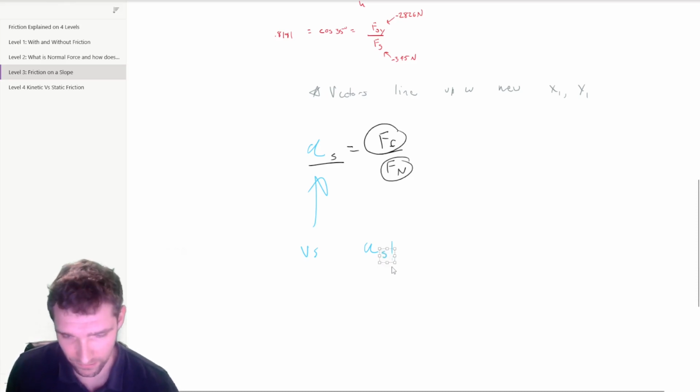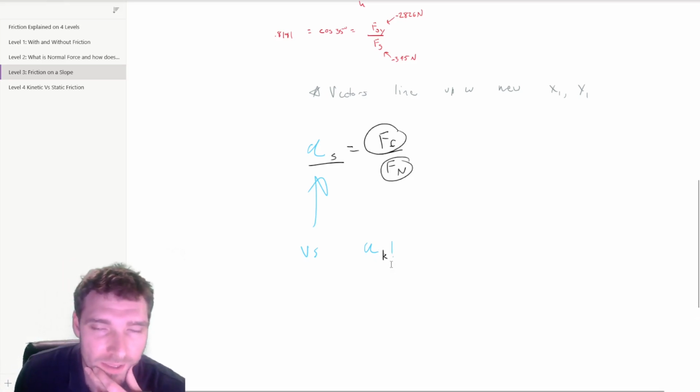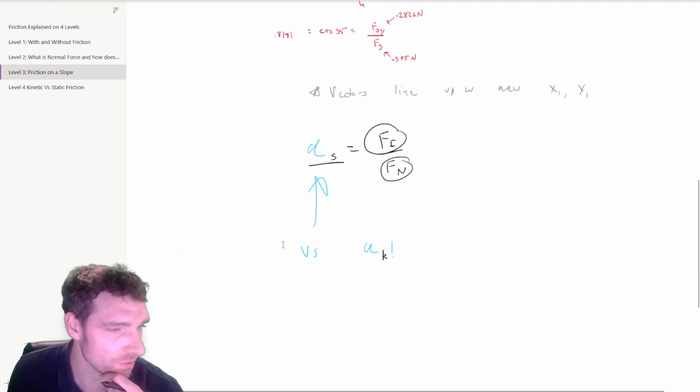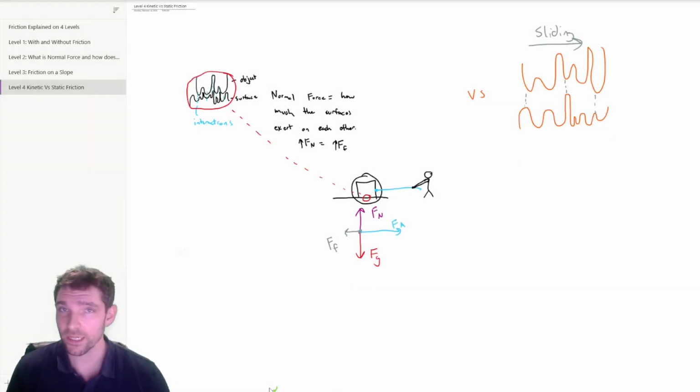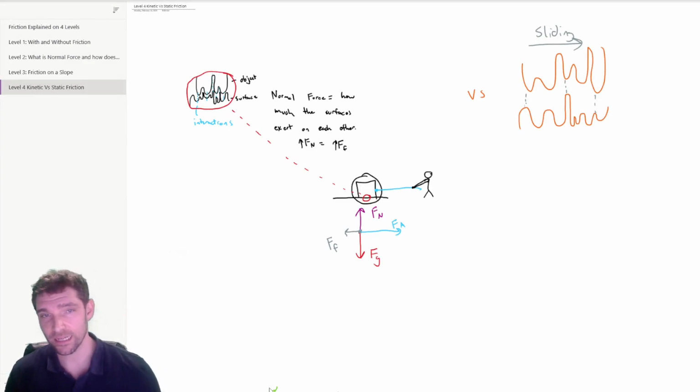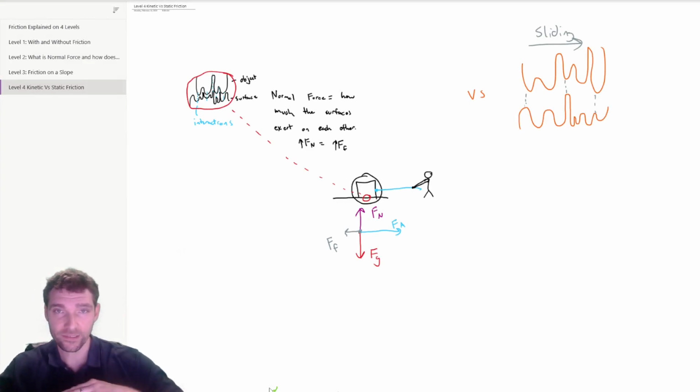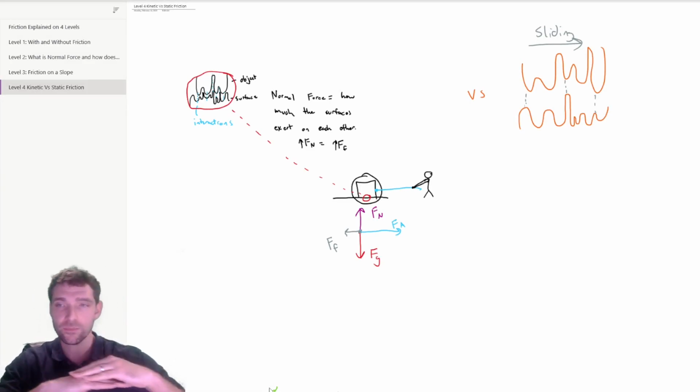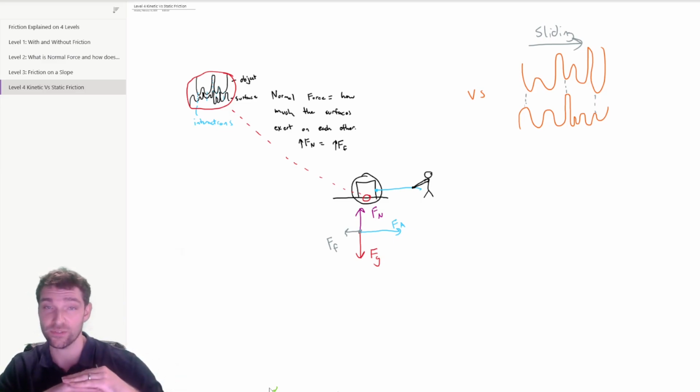And we're going to talk a little bit about the difference between kinetic and static friction. They're very, very similar. One's motion, one's staying still. So when we're talking about friction, there's two main types: when an object is still and when it's moving. And when something's moving, there's actually less friction.